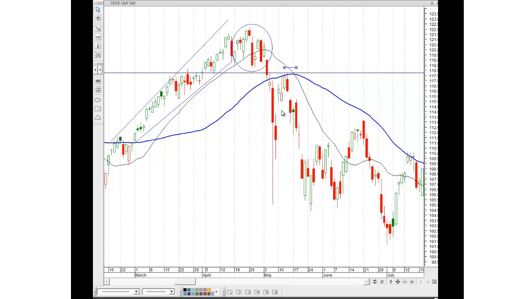Once you have the trade demonstrating this kind of action, where pullbacks, or in this case relief rallies, go up into a moving average and then push back down away from it, you can use the moving average as your stop loss.